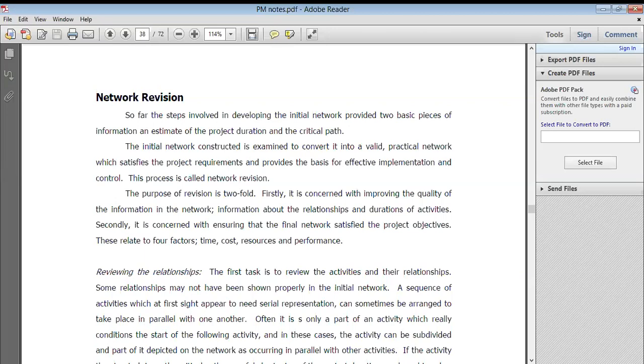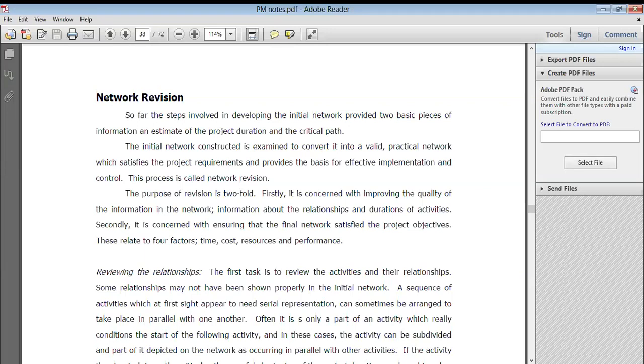The steps involved in developing the initial network provide two basic pieces of information: an estimate of the project duration and the critical path. Everything we need to submit, and we create the critical path.